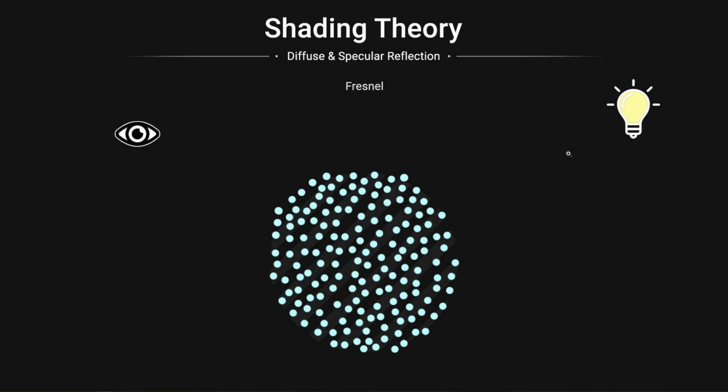And so, in other words, light is able to bounce around in a diffuse way within this object. Now, when we talk about Fresnel, we're talking about something that occurs when we look at this object at a grazing angle. In other words, as soon as we approach the top of the sphere and the angle at which we look at this, what we'll notice is that more of the light behaves in a specular way. And this is why that happens.